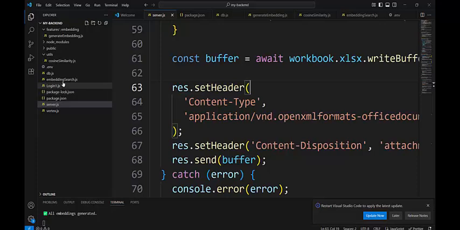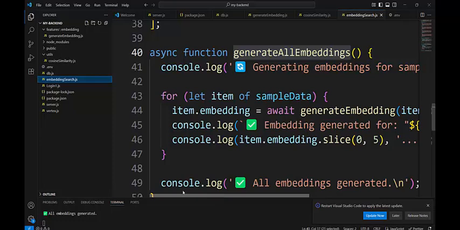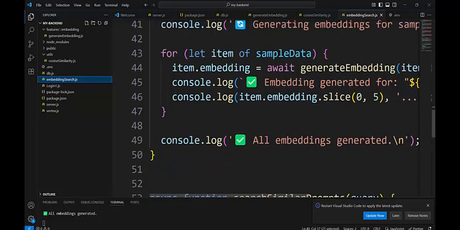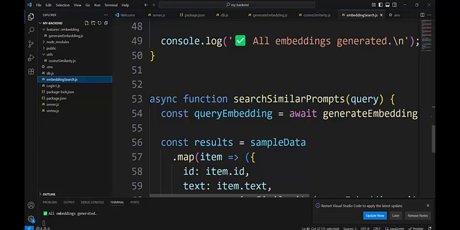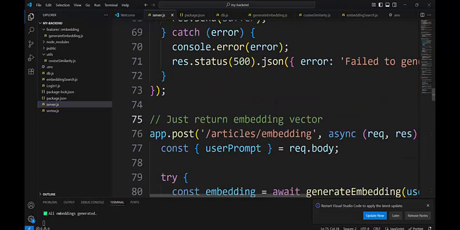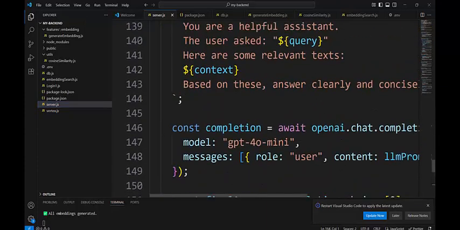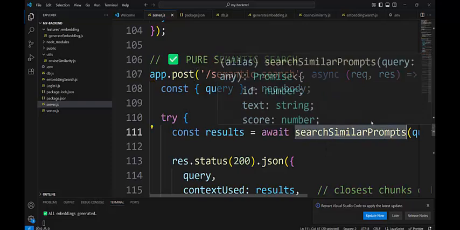Okay, I go here in embedding search. Now, in the server, for semantic search, we call search similarity.